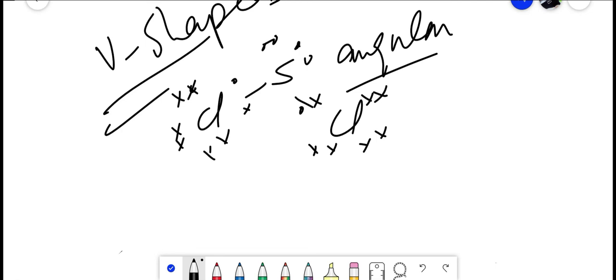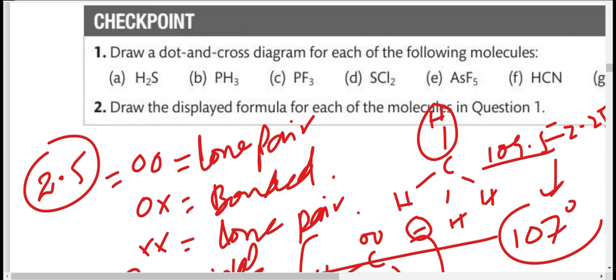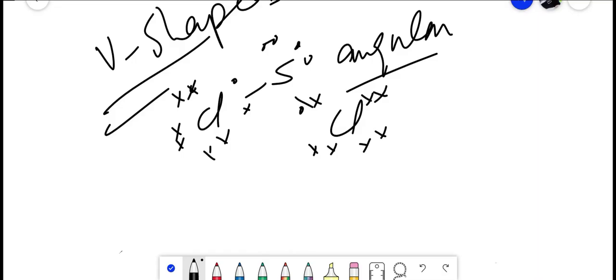So, moving on to AsF5, arsenic belongs to which family? Tell me, where is arsenic in the periodic table? It's under phosphorus, right?